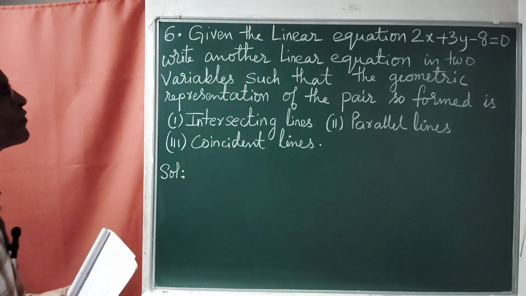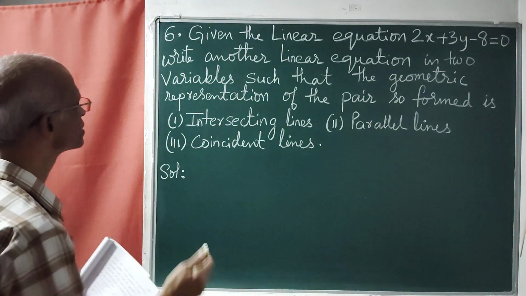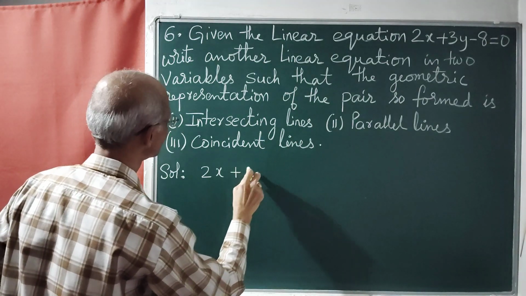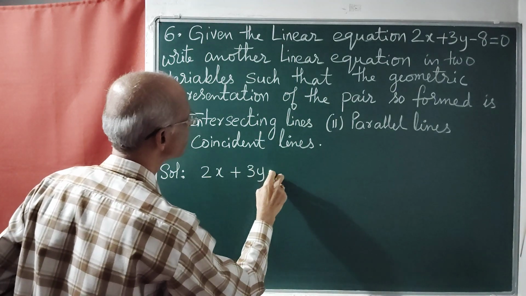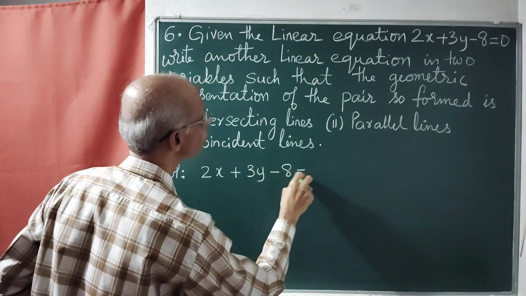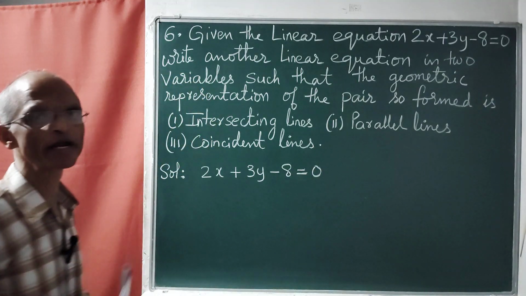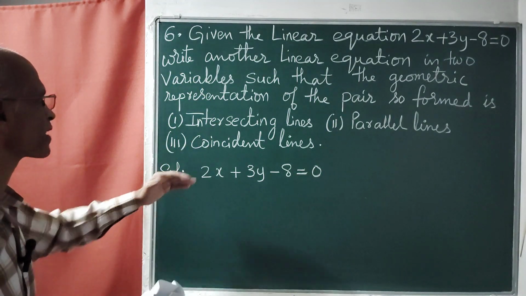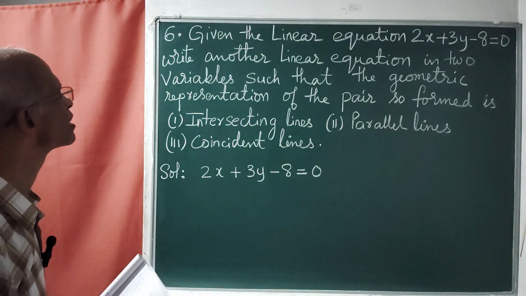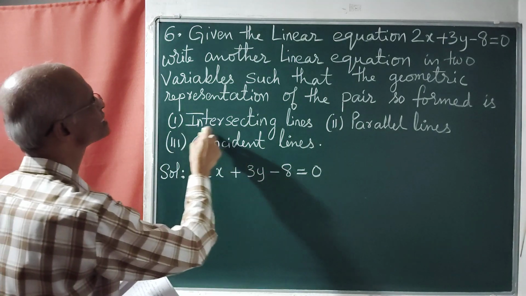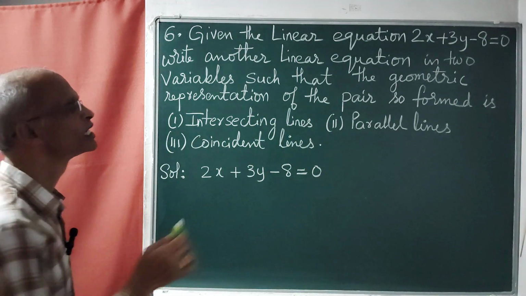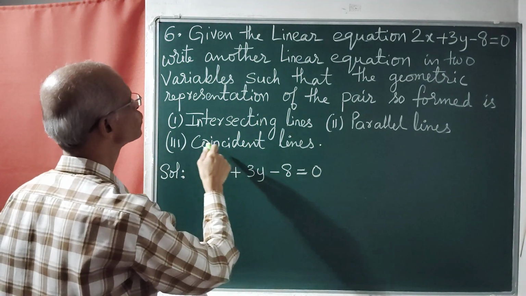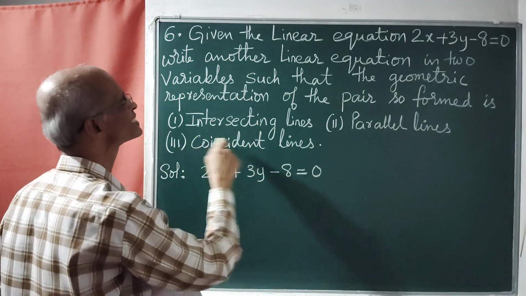Here, you have been given one equation, 2x plus 3y minus 8 is equal to 0. We have to write one more equation such that the pair of lines will be intersecting, next parallel, and coincident.